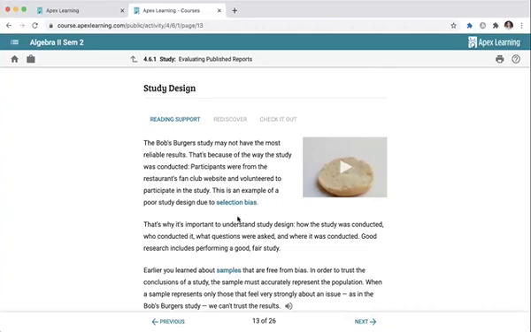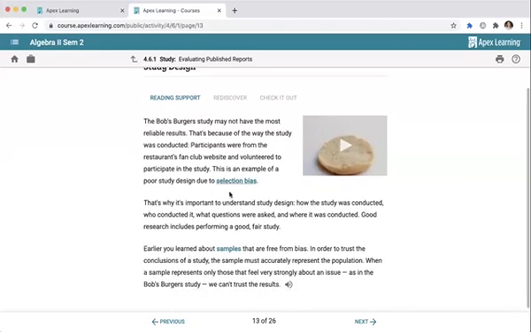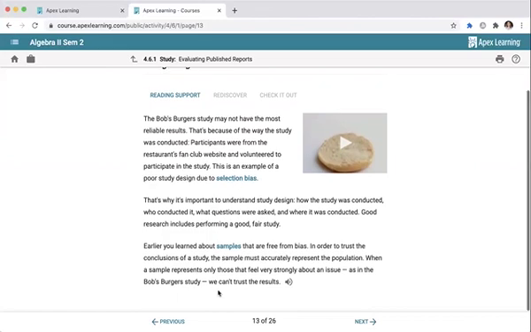So then we have to go back and look at the design of the experiment, and that would go back to what we just talked about. This is one thing we call selection bias. They were biased by selecting people particular to giving them a result that they wanted, right? So you can look at this more here.